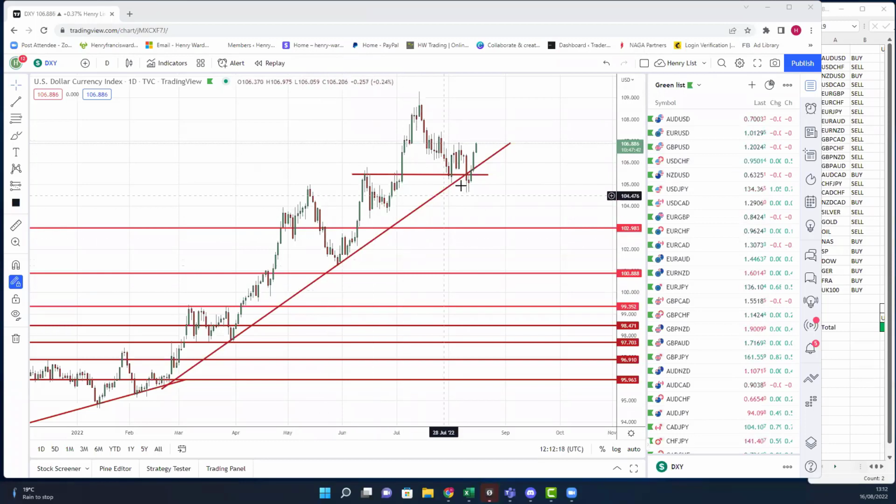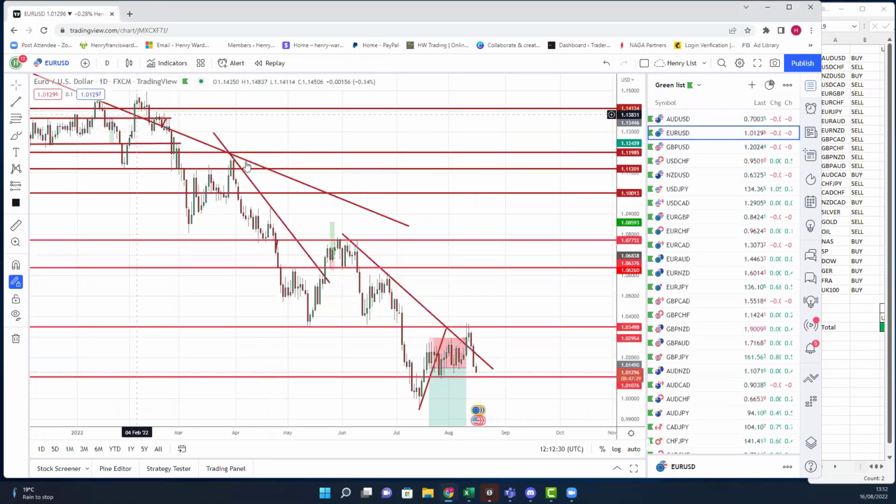And if we look at, say, Euro USD, remember the dollar index is 60% weighted against Euro USD. Why? Because it's the second biggest currency. So if you look at Euro USD, it looks very similar. Did anyone take Euro USD short off that inside bar there?